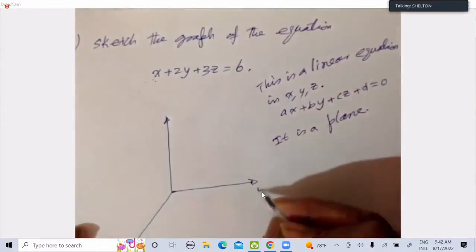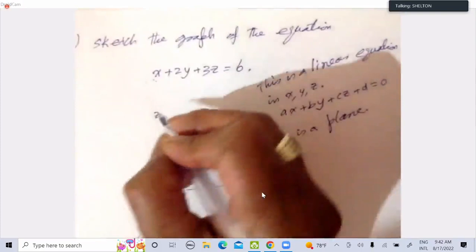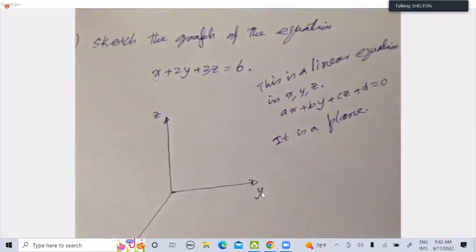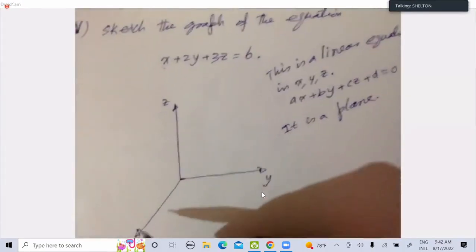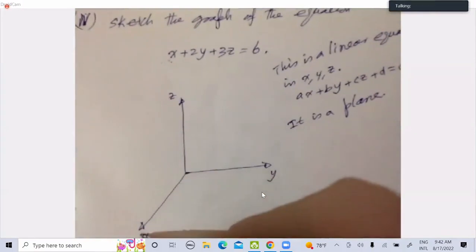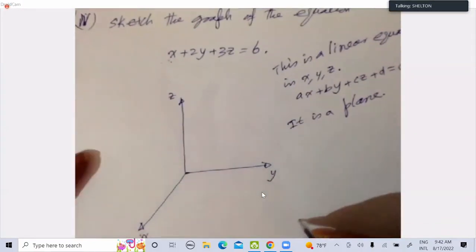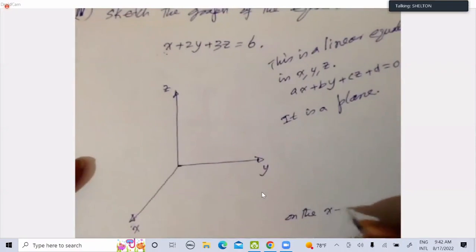X, y, z. On the x-axis, y is equal to 0 and z is equal to 0.